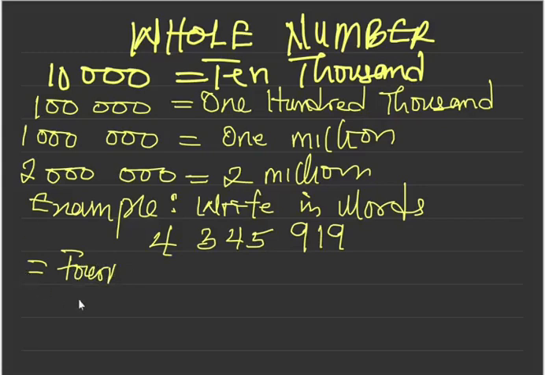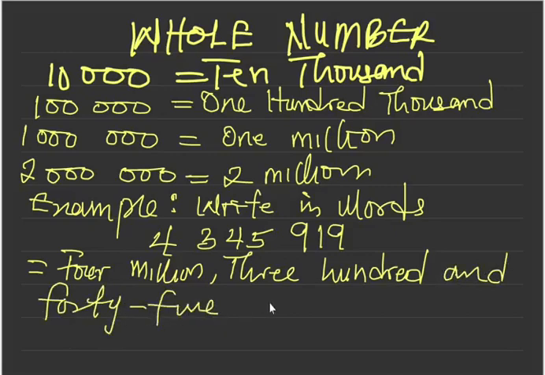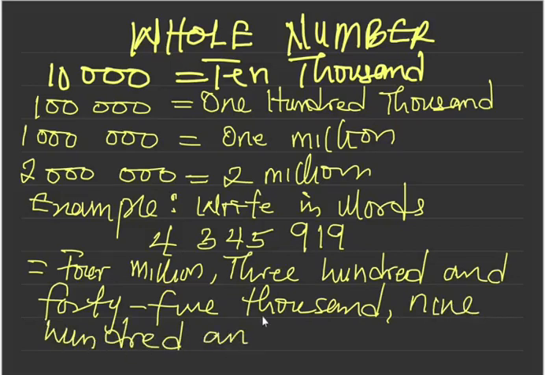4 million, 300 and 45,000, 919. So this is this example.